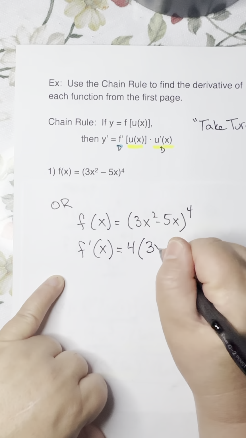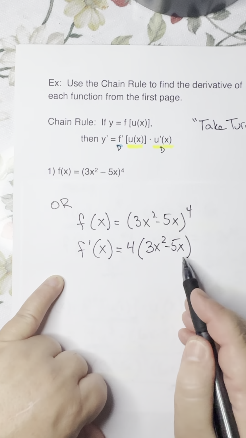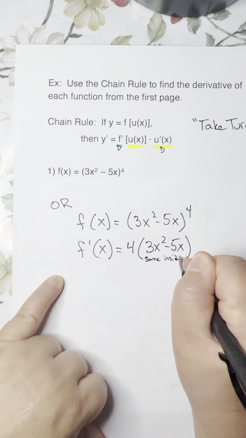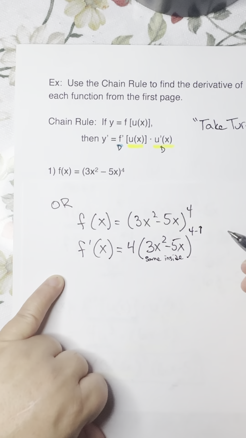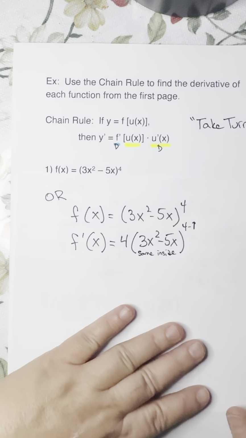I do not change the inside; the inside stays the same. The 4 came down, and what's the rule? I subtract 1. I was going to subtract 3 again.